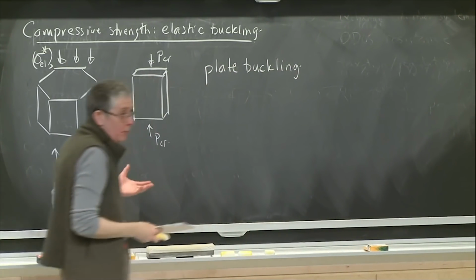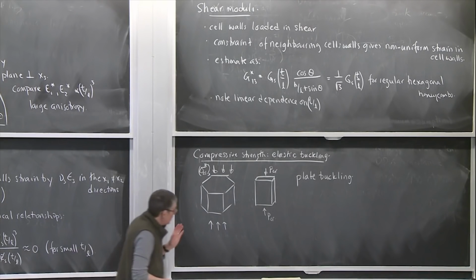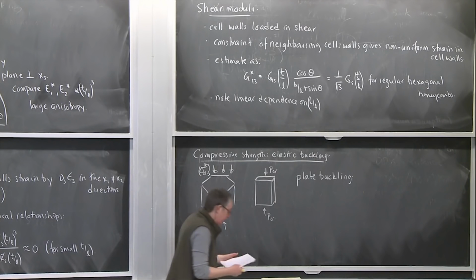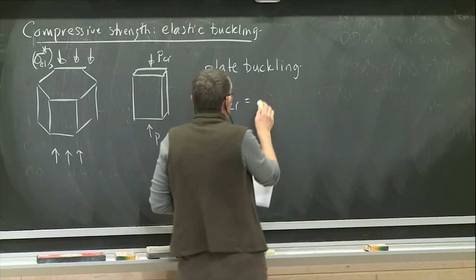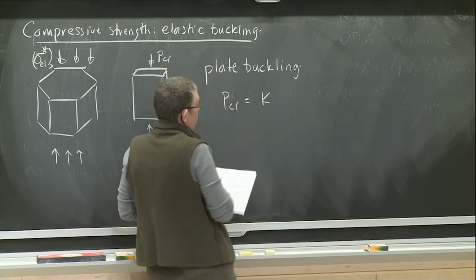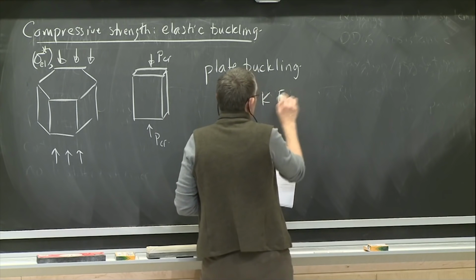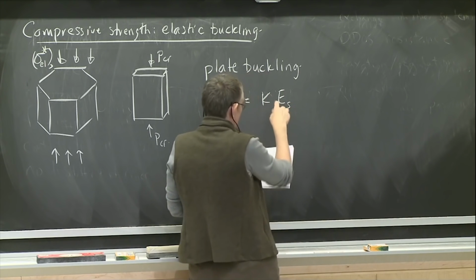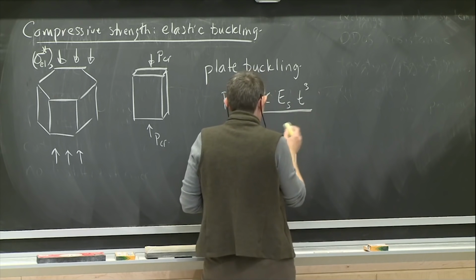So if you have a column, just a, say, circular cross-section column, and you apply a compressive load to it, it buckles at the Euler load. And similarly, there's an Euler load for plates. And that equation is usually written as P critical is equal to some end constraint factor. For plates, it's usually called K instead of N. So this is an end constraint factor. Depends on the modulus of the plate. Goes as T cubed.